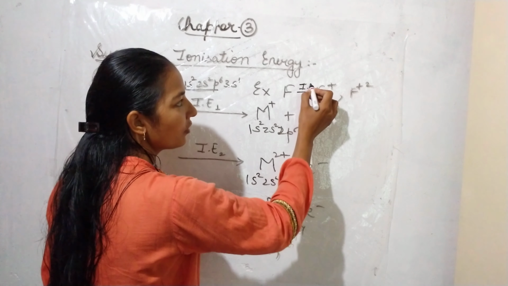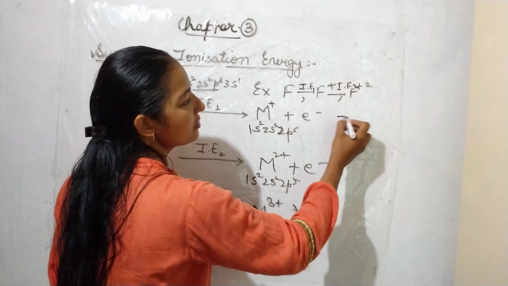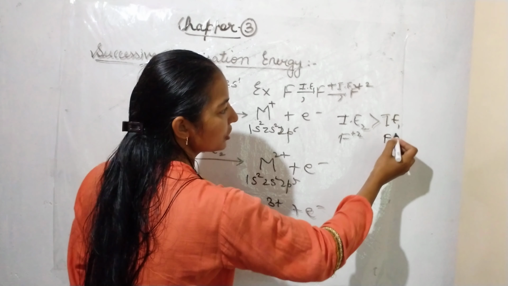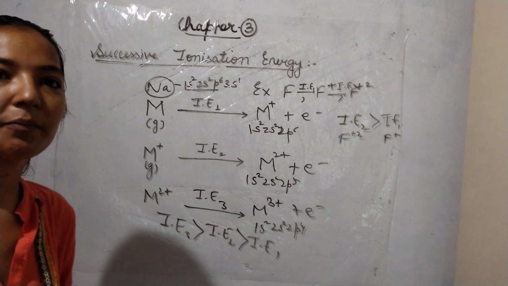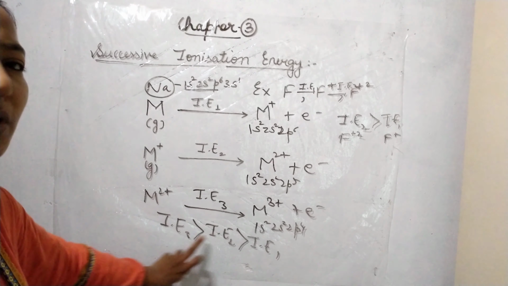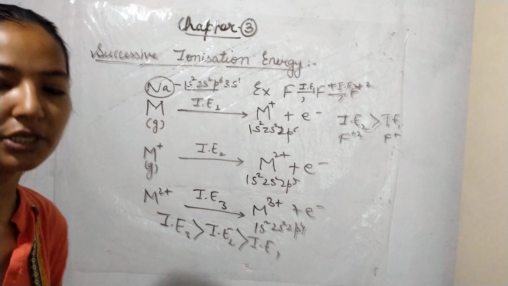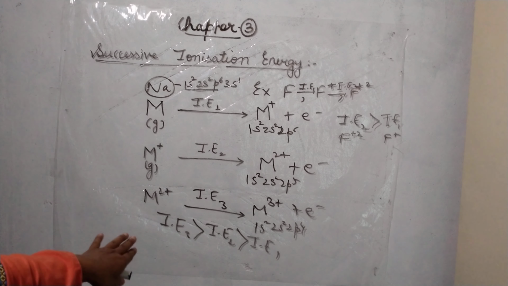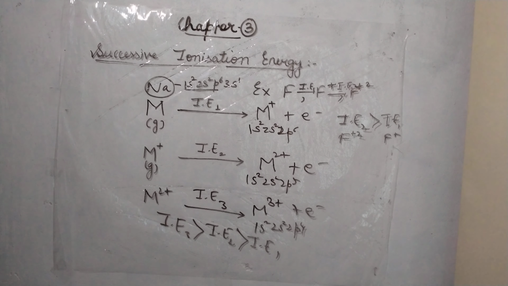This one is first, this one is second. The second ionization energy, for the formation of F plus 2, is greater than the first ionization energy, for the formation of F plus. So for any particular atom, the value of ionization energy always increases. That means the third ionization energy is more than the second, and then the first.